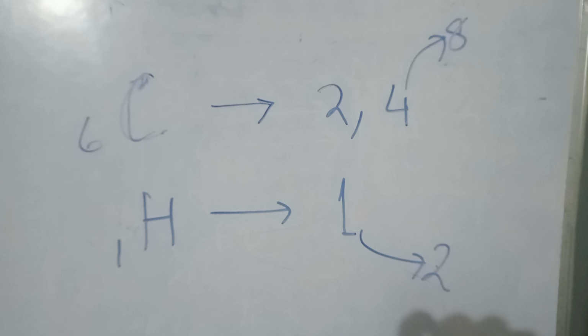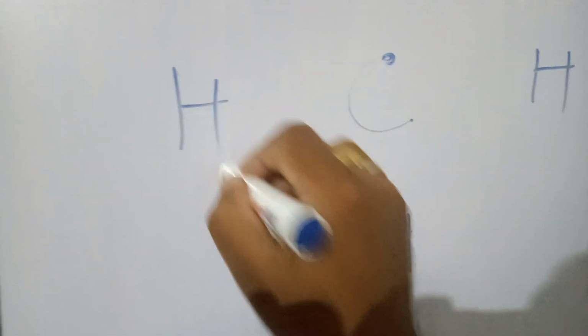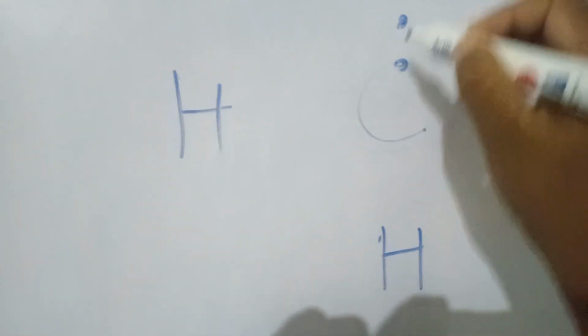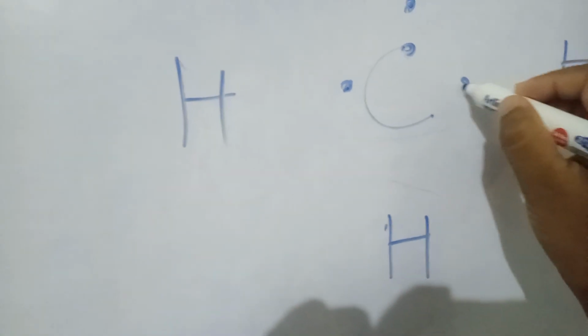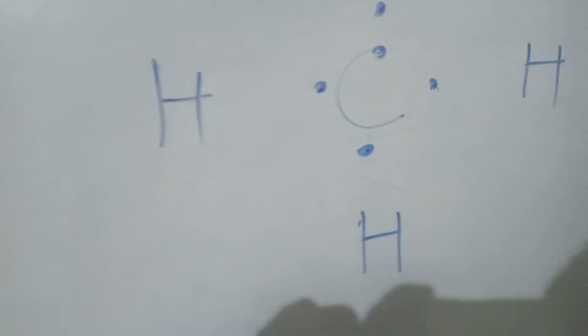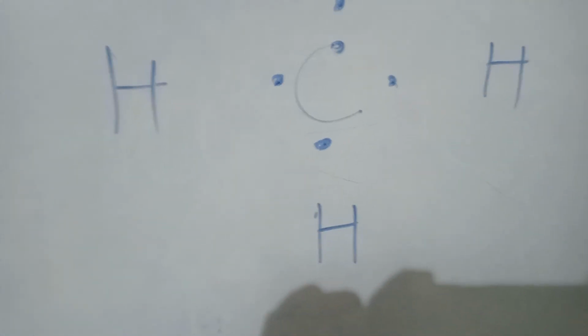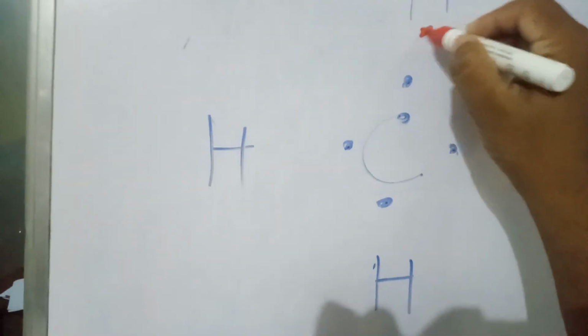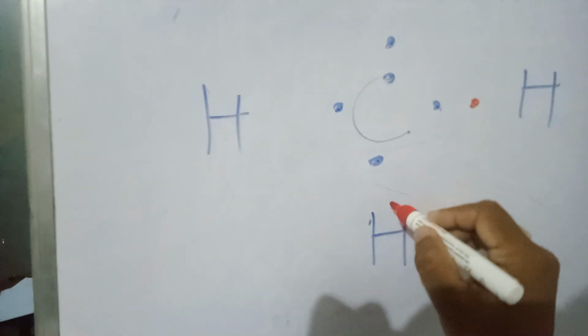We will have now one diagram. Carbon, hydrogen, this one hydrogen, and here another hydrogen. You see one electron, one electron, one electron, and one electron. Carbon is having 4 electrons outside. Now hydrogen is having 1 electron, and 1 electron.